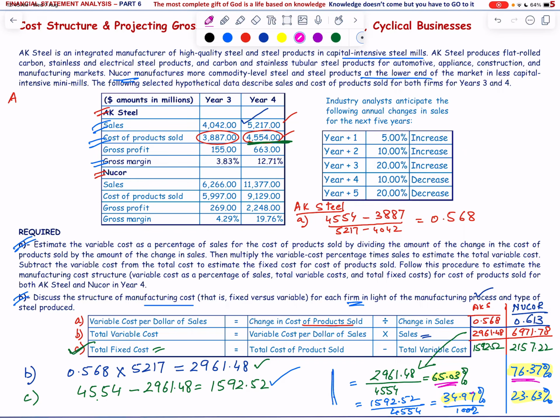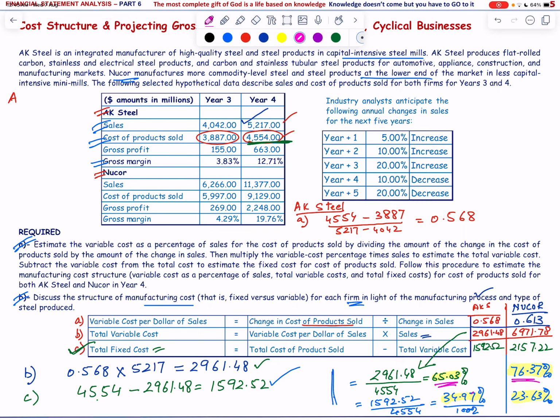At the same time we can see that the variable costs are expenses that change directly with the level of production or sales volume. Now AK Steel's cost structure is more fixed cost oriented, as we can see from these figures.